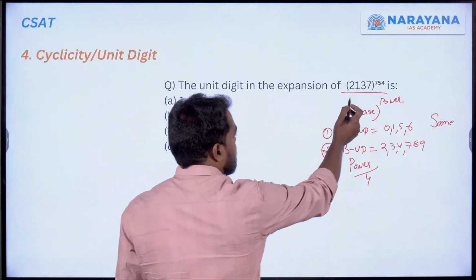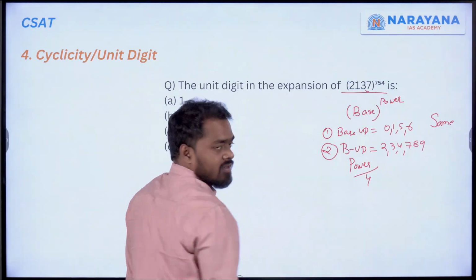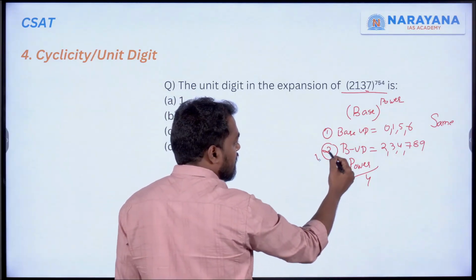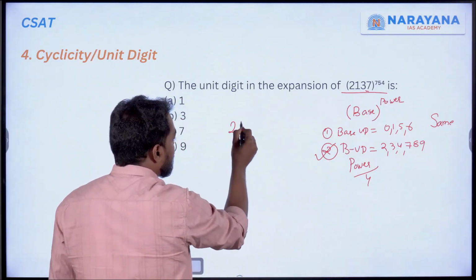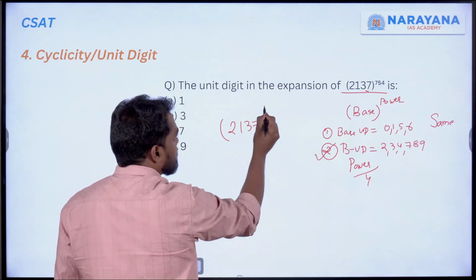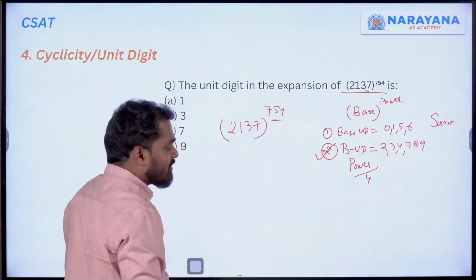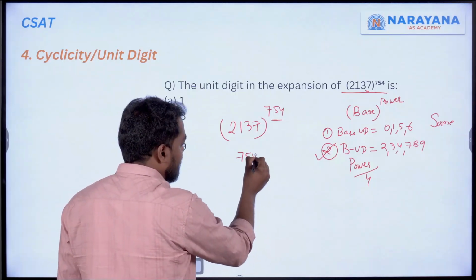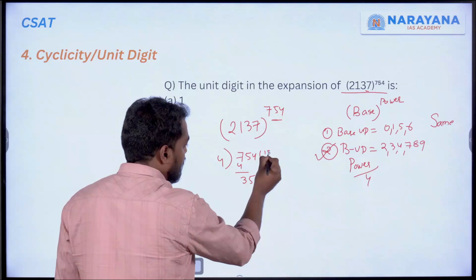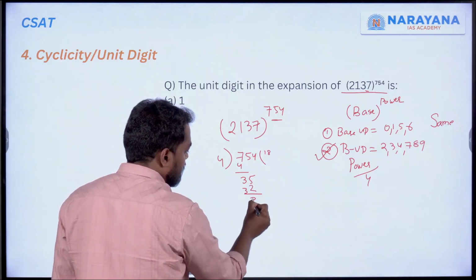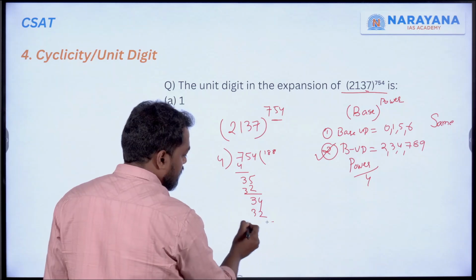So now apply this. What is the base unit digit? That is 7. Which rule do you have to apply? Second rule. Take the power 754 and divide it with 4. 4 ones are 4, 3 5, 4 8s are 32, 34, 4 8s are 32.